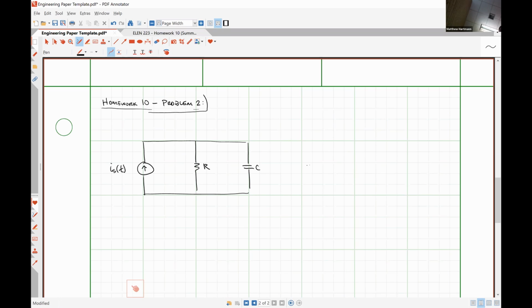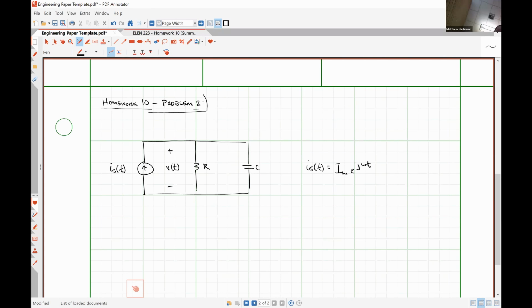We are told that Is(t) is Im e to the j omega t. So we're working under the assumption that there is no phase angle on our source current, which is really just to make the math easier. And our goal, if I'm not mistaken, is to determine what the exponential response v(t) will be for this system.